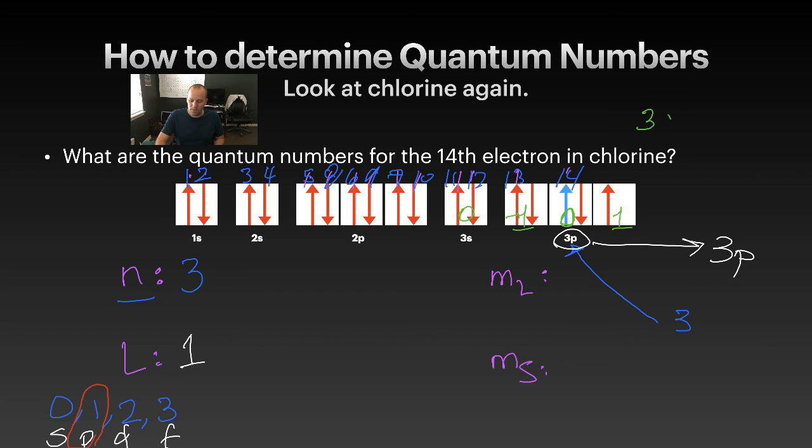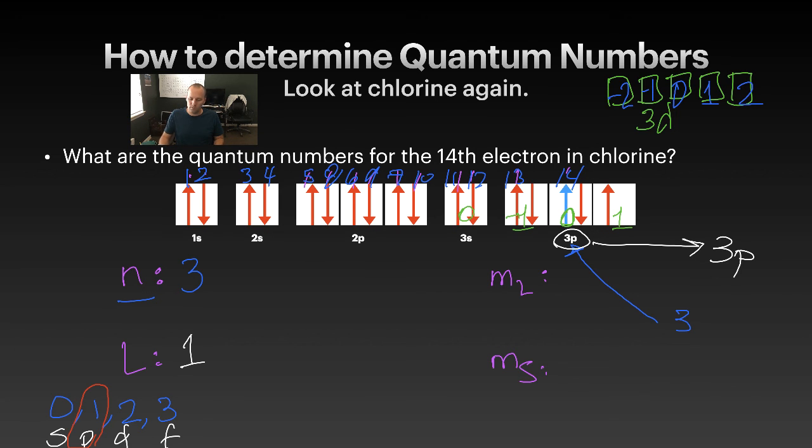Let's say I had a 3d sublevel, 1, 2, 3, 4, 5. If I had a 3d sublevel, then I would label this 0 in the middle, count up to the right, 1, 2, and down to the left, -1, -2.